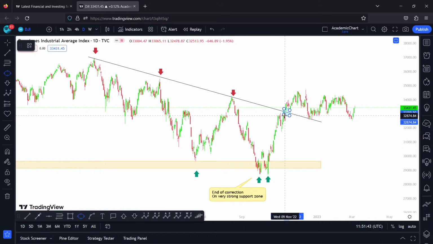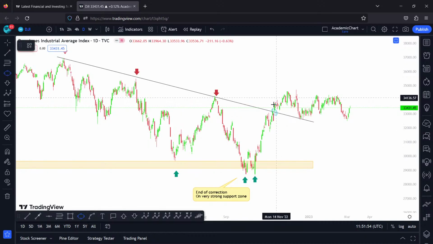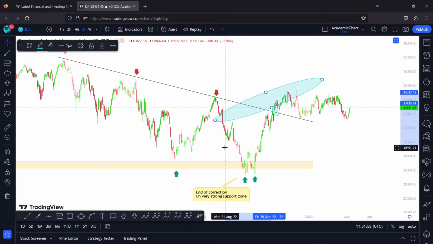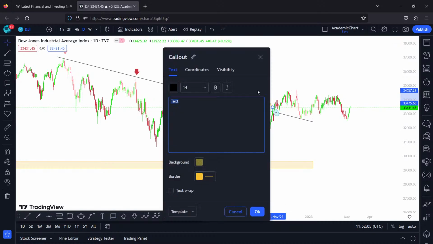So after that reversal, we are finding another one: in the daily structure, this daily trend line has been broken now. We can, oops, wrong tool, sorry. Let's use this callout to call out a breakout.